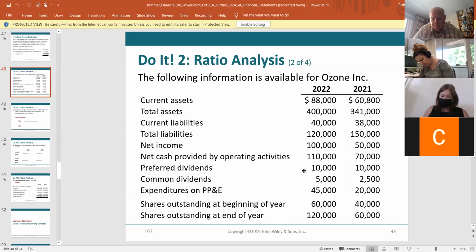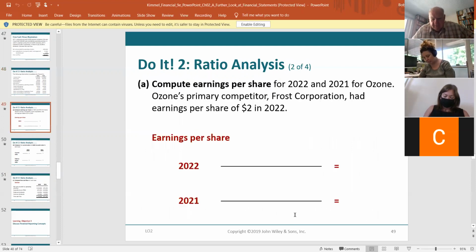What were the preferreds? 10,000. So that's $90,000. Your numerator is going to be 90,000. What were the beginning and ending shares? Beginning was 60, the ending was 120. 60 plus 120 is 180. I'm guessing the answer is 1 to 1.